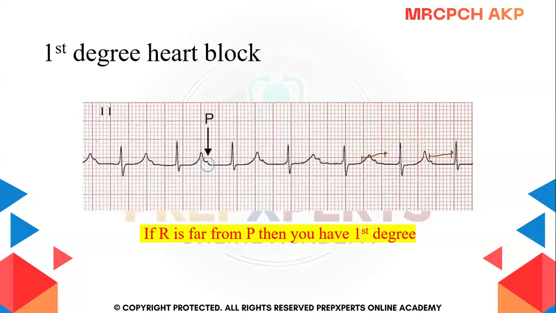And in second degree, we have two further categories, that is Mobitz type 1 and Mobitz type 2 heart blocks. So in the first degree, I told you that nothing is happening. It's just that the PR interval is prolonged. So you just have to observe the patient.